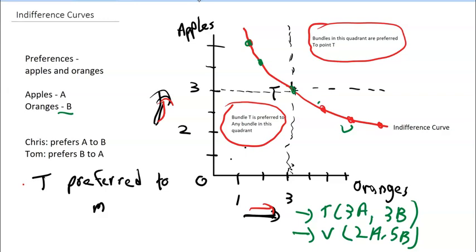Then for points here, let's say point K, or I'm running out of letters here, let's say point F here.